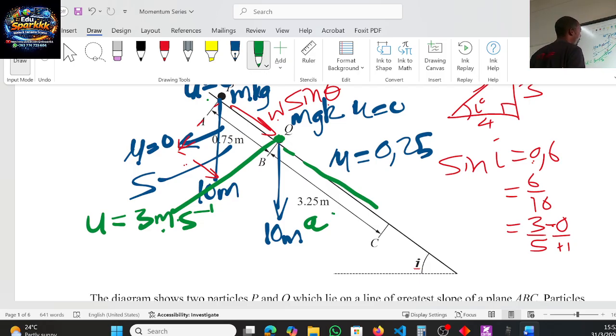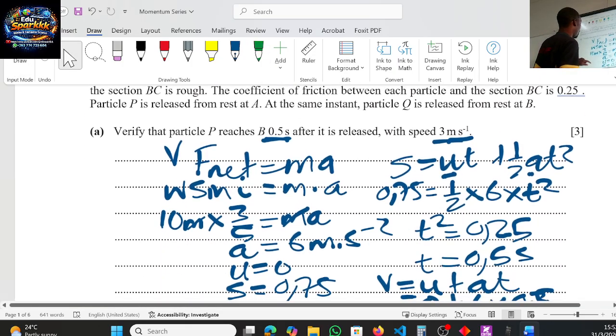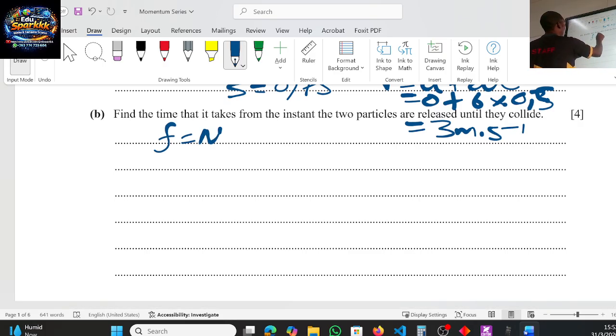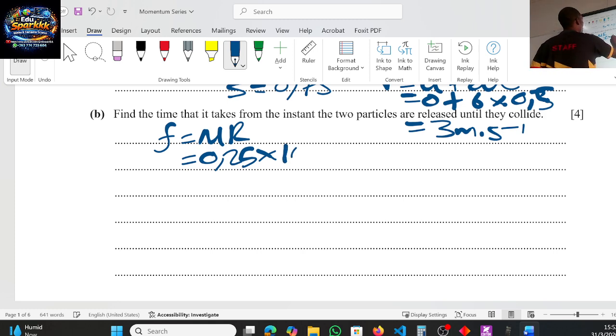So let's check. We might try with particle Q to find the magnitude of acceleration. How do we go about it? We know for this scenario that it's rough, so there we have mu. Let's go down into our calculation. We are going to say particle Q, its mass is m, but remember, if we want friction, it's mu R. So mu, we agreed, is 0.25 multiplied by R, which comes from the normal, which is W cos theta, but W was 10m multiplied by cos theta.